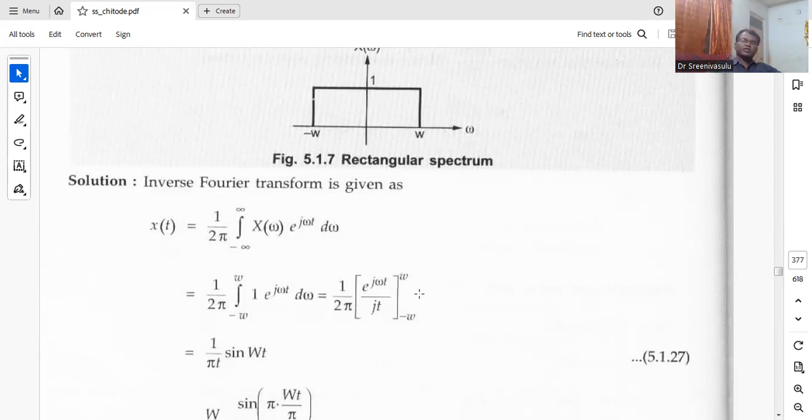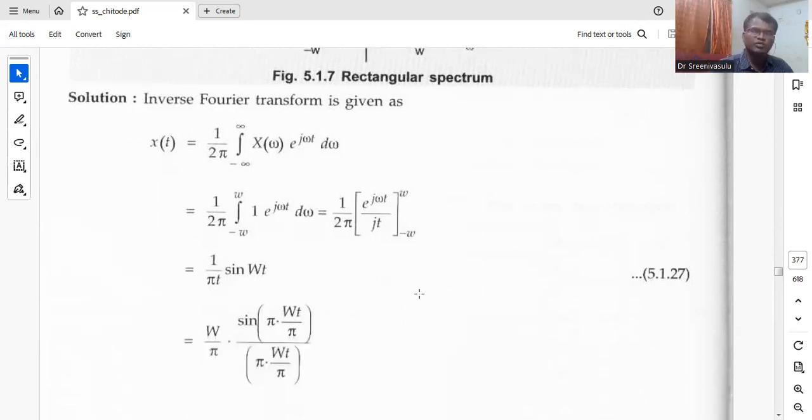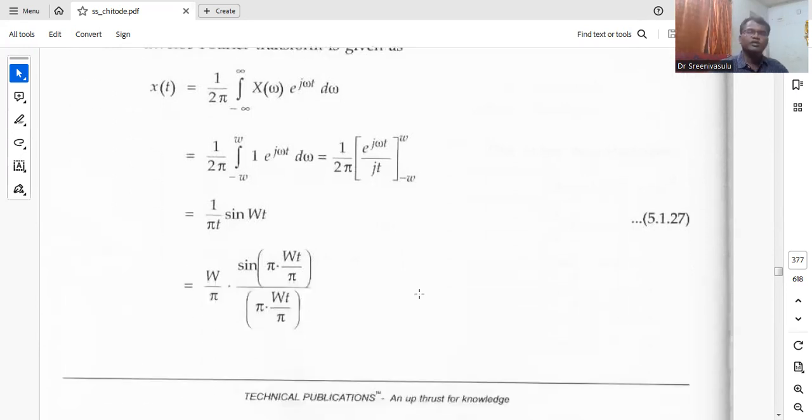If we integrate this with respect to omega, we get e power j omega t divided by jt. Substituting the limits minus W and plus W, we get 1 by pi t into sine Wt.